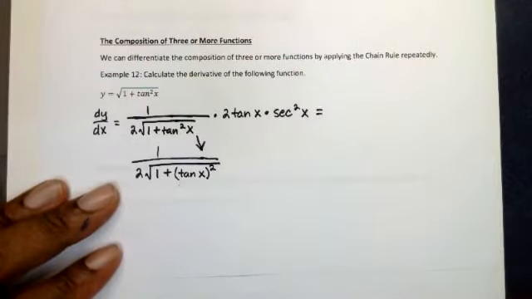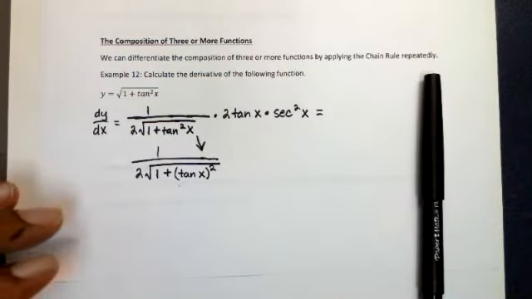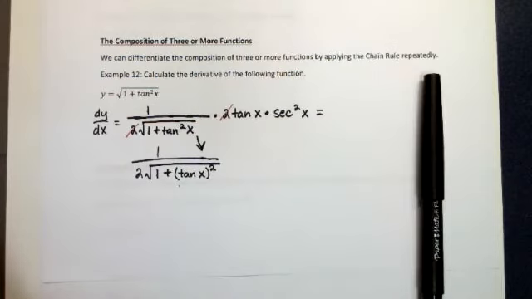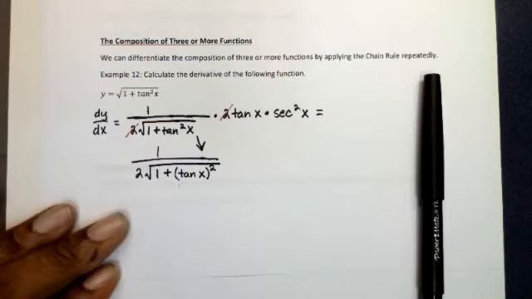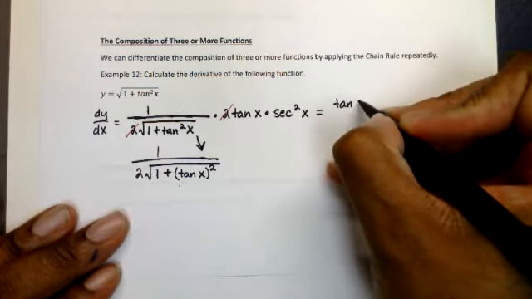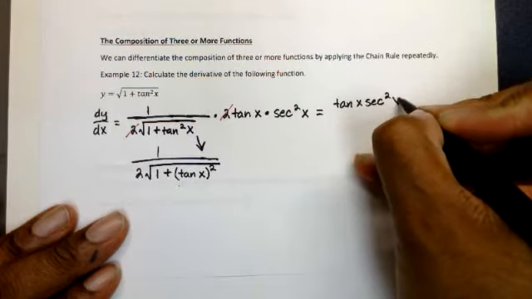Now, if I simplify this, I would get this. Here, these 2's divide out, as you're going to see. Those 2's divide out. I'm going to be left with, in the numerator, tangent of x, secant square of x.